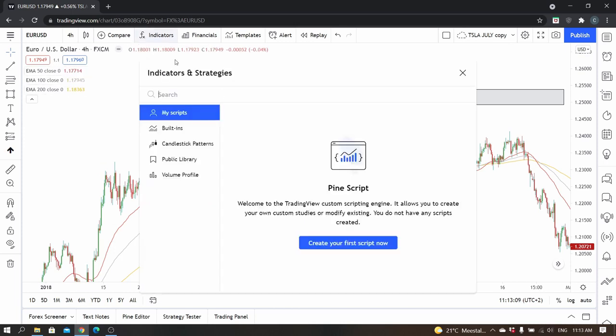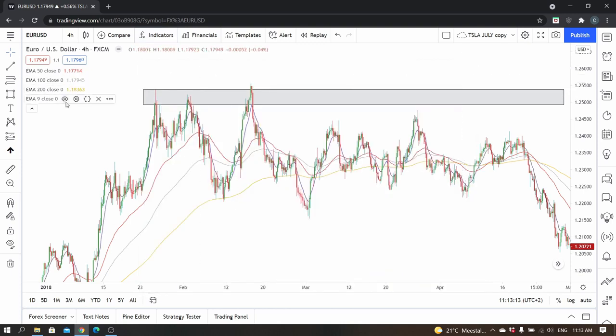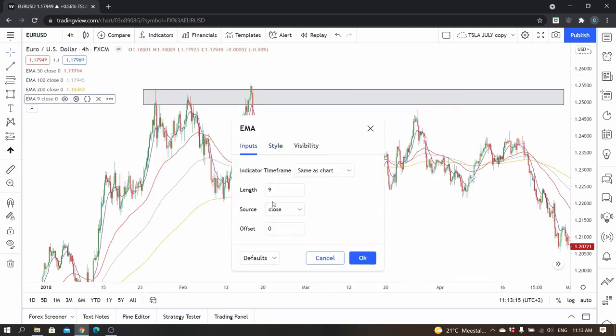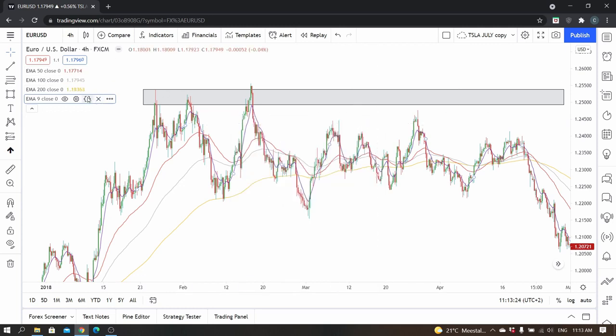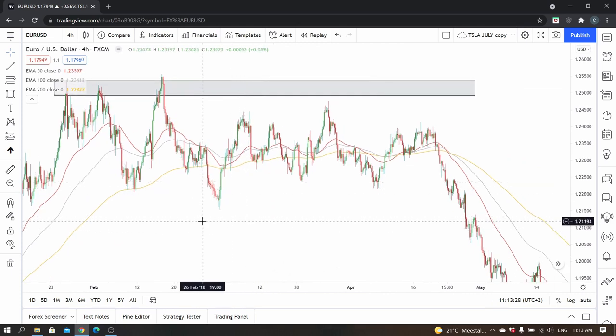You can find them here: you just type EMA and choose the moving average exponential. You click on it, press the input, and I have one at length 200, one at length 100, one at length 50, and I color code them, but that's something for myself. You need not do that if you don't want to.